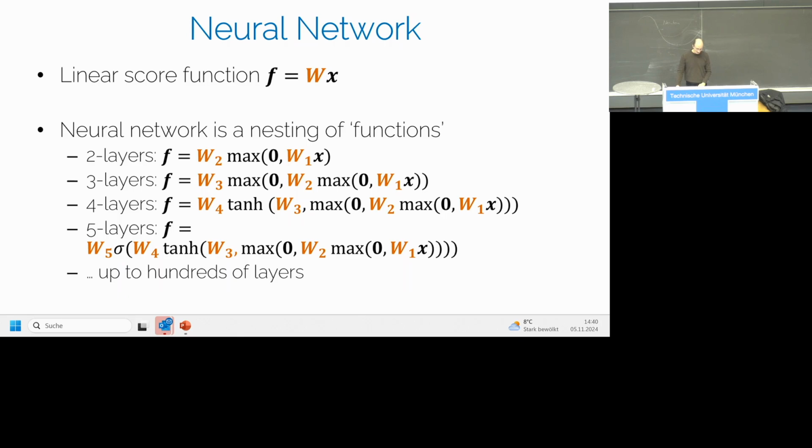This is why these activations are in between, either the ReLU, this max(0, W1x), or the tangent hyperbolic, or the sigmoid. There are lots of different activations.